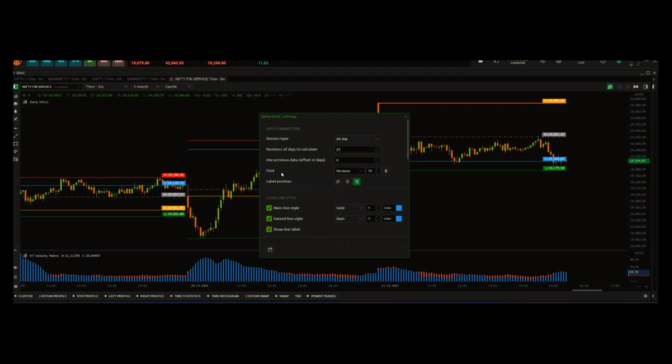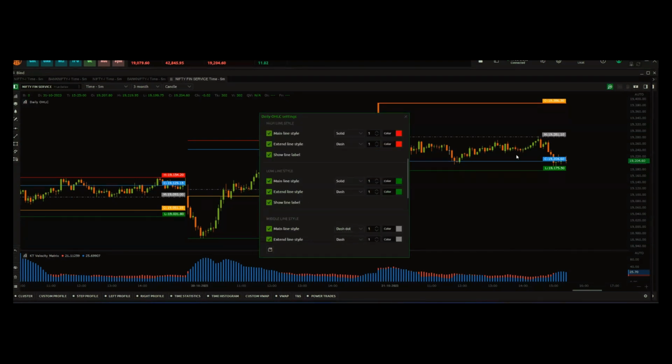The middle line is your median. So basically this indicator tells you the open price, high price, low price, and the close price. Apart from that, it also talks to you about the median price, which is the average price that the security has traded for a particular time period, in this case a day's time period.